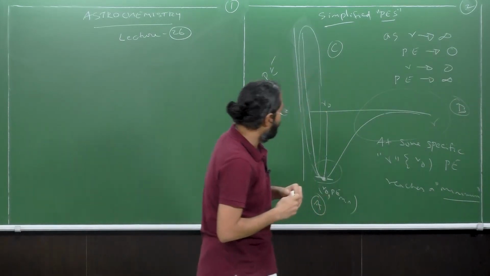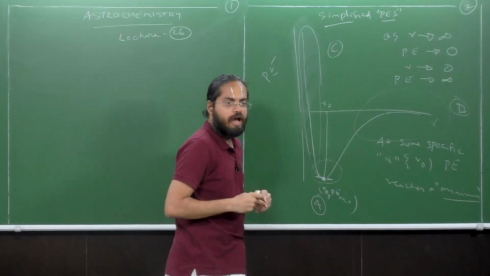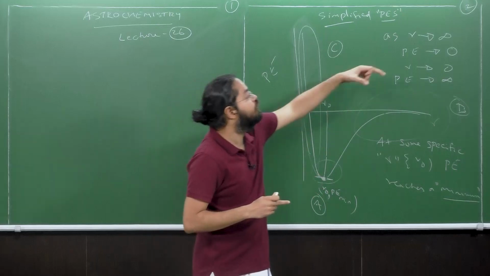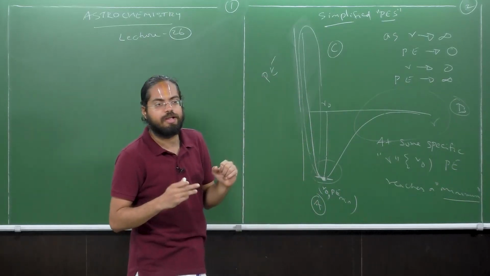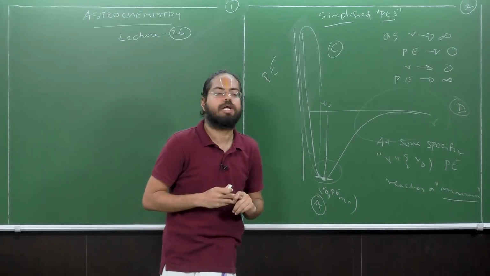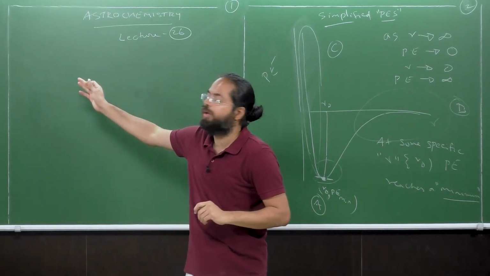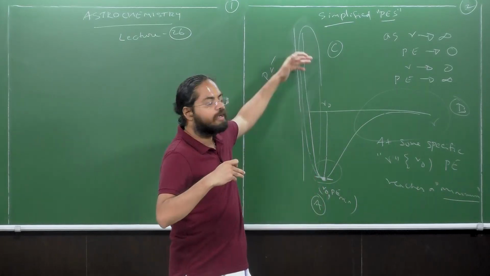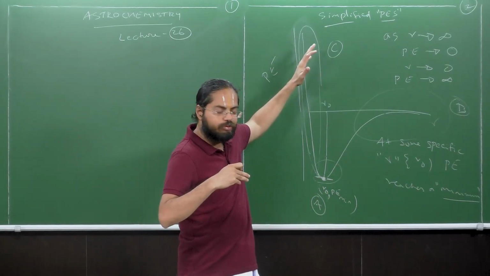So that explains why, as R tends to infinity, P tends to 0. So we have looked into the regions A and B, and we are yet to look into this region C, which happens when R tends to 0. That is, when the internuclear distance is very close to 0, what happens to the potential energy? We shall be intuitively looking at that feature and some more aspects of the various electronic states of molecules in this lecture.